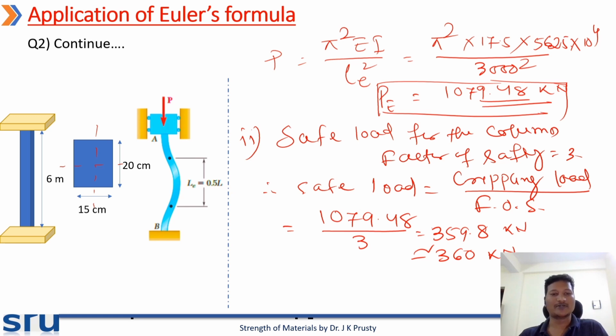Based on that, your buckling failure occurs in that direction. For that you get the least moment of inertia, and based on your end conditions, you calculate the equivalent length and put these values in Euler's crippling load formula. You get the crippling load, and the safe load is the crippling load divided by factor of safety.